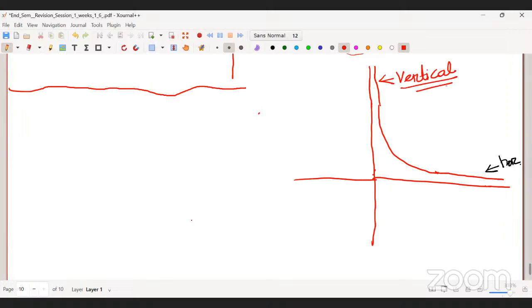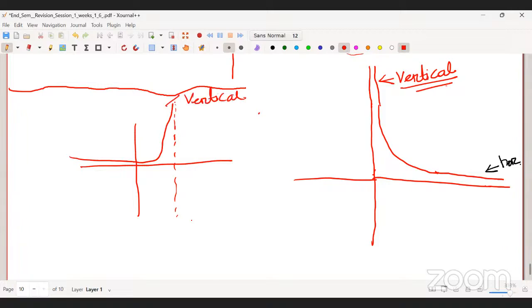So you can have some graph like this as well, right? So this is a vertical asymptote, and this is a horizontal. It's just a terminology.